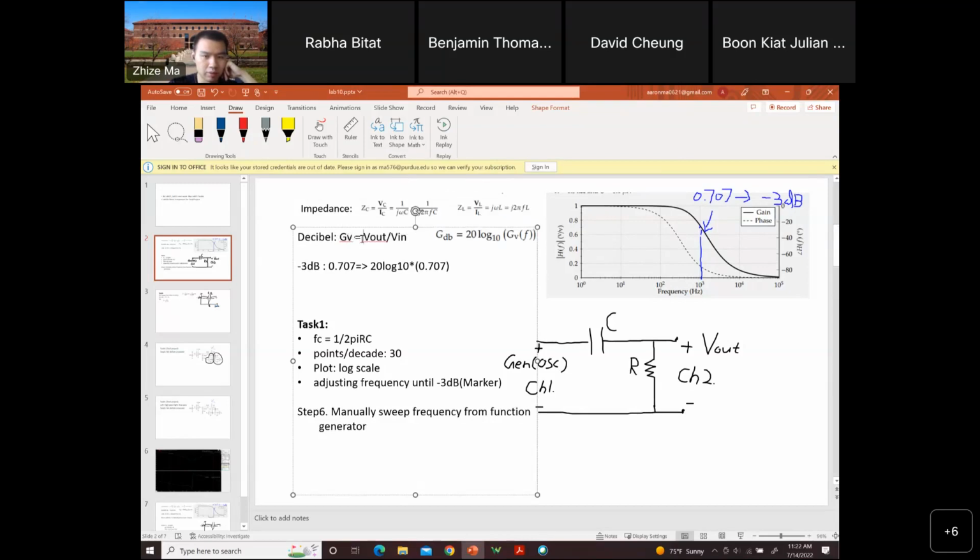Sometimes we don't use voltage gain, we will use decibel, but it's a similar thing because you can use these two equations to transfer from voltage gain to decibel. The unit for the decibel is dB, and we will use this unit for this week's lab.